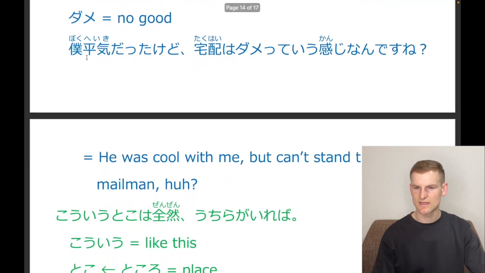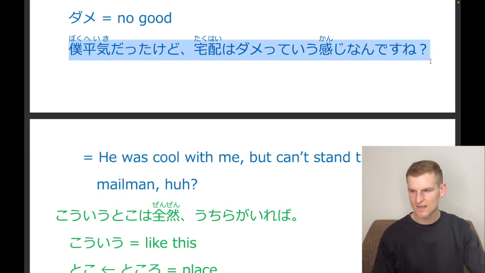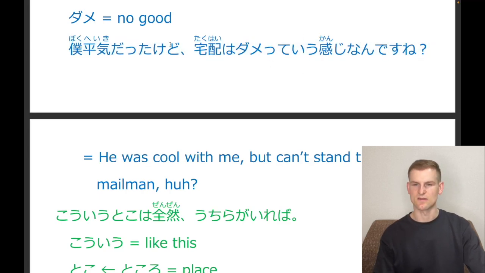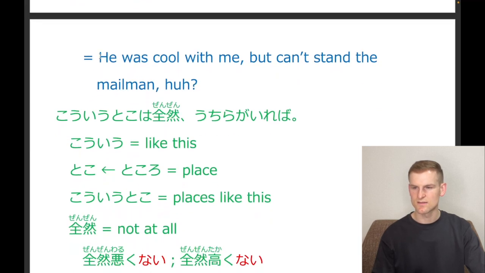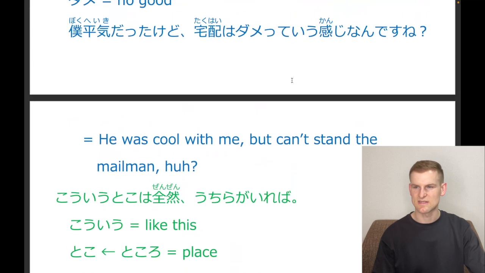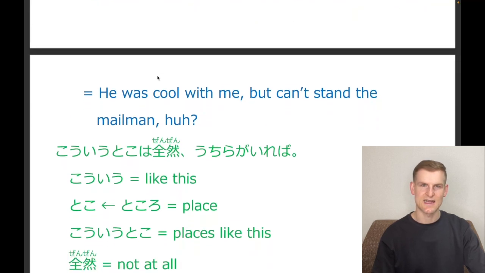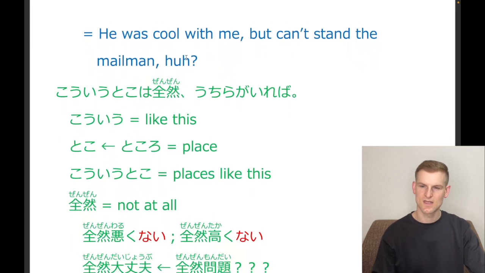So 宅配はダメ, so the mailman is no good. っていう感じ. Remember, I'm kind of just making stuff vague once again. Okay, so translate that. He was cool with me, but can't stand the mailman, huh? Or I guess because I say って感じ, it would be like, it's like he can't stand the mailman, huh?